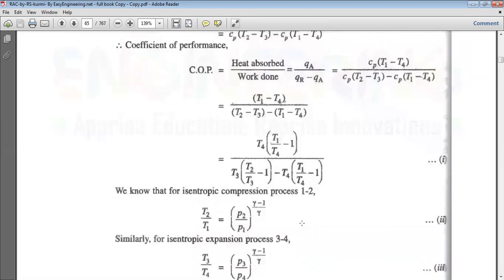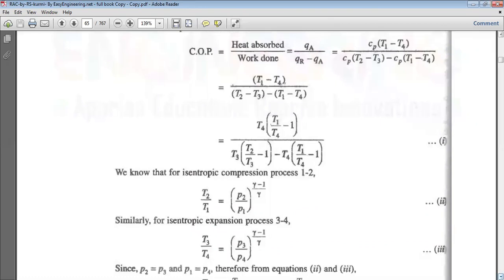What is 1-2? Isentropic compression. During the isentropic process, the temperature versus pressure relation is T2 by T1 is equal to (P2 by P1) to the power of gamma minus 1 by gamma. That is the adiabatic temperature versus pressure relation. Similarly, another adiabatic process 3-4, that is called the expansion process. For the expansion process, T3 by T4 is equal to (P3 by P4) to the power of gamma minus 1 by gamma.